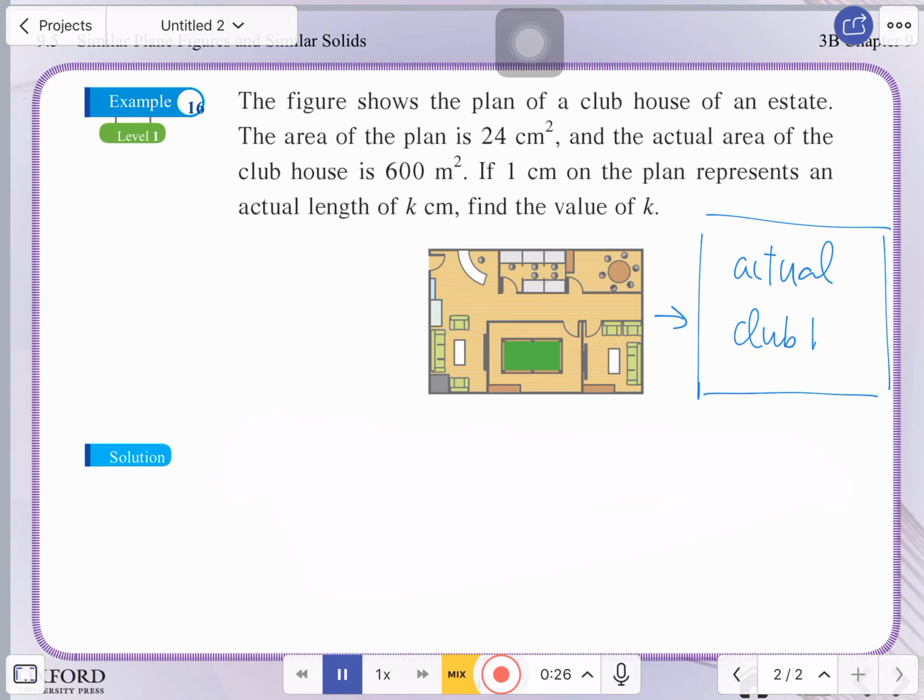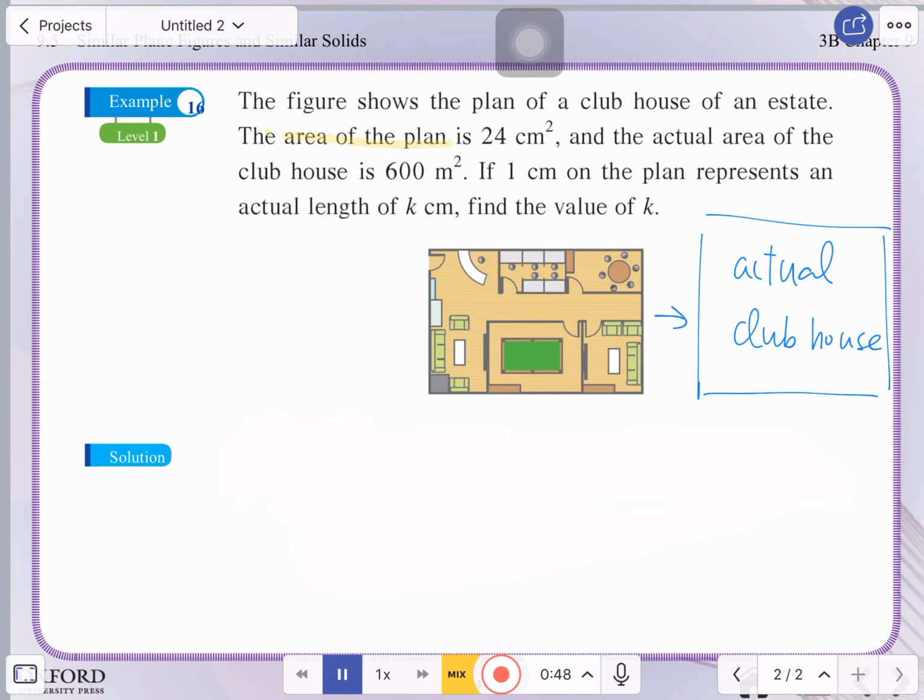So you know that the actual clubhouse should be much bigger than the plan. And now, to make the word problem simpler, I want you first to take out your highlighter and highlight the terms that belong to the plan in yellow color.